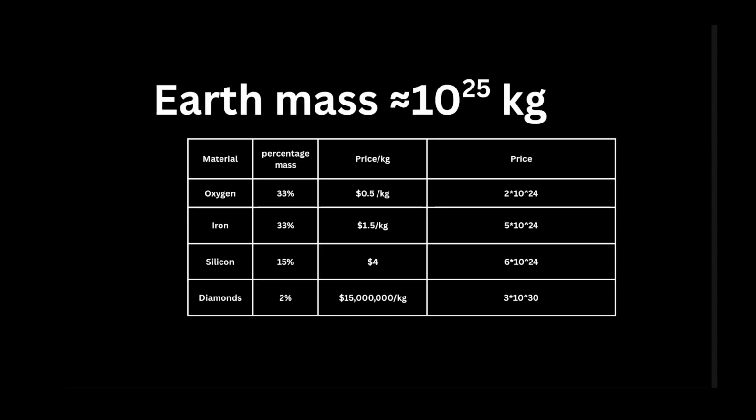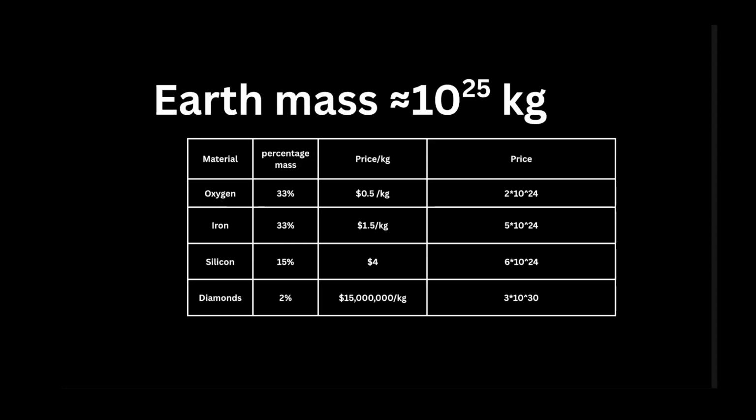You note that oxygen, iron, and silicon have relatively low prices compared to diamonds. And even if diamonds was like $1 million a kilogram, it would still be about 10,000 to 100,000 times cheaper to get all the silicon than all the diamonds.